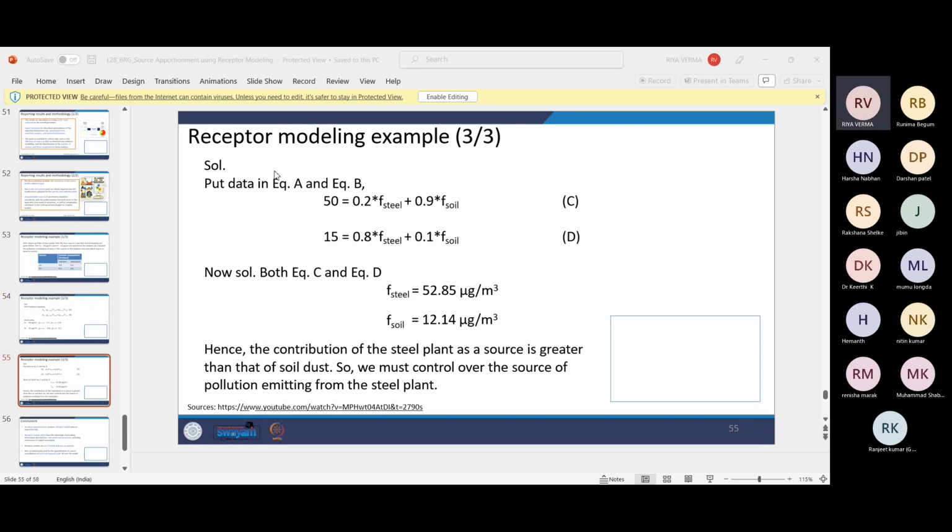By putting the data in these two equations, we get this equation. Now we just have to do one thing. Either you can do it simply by multiplying this term by 4 and then subtracting. Basically, we need to solve these two equations somehow to get the value of F steel and F soil.